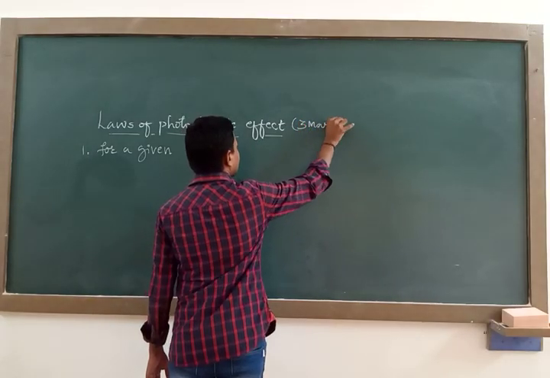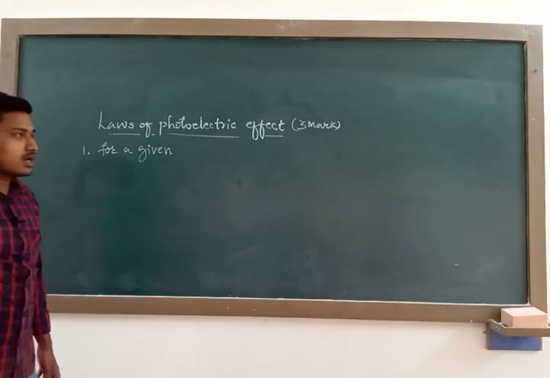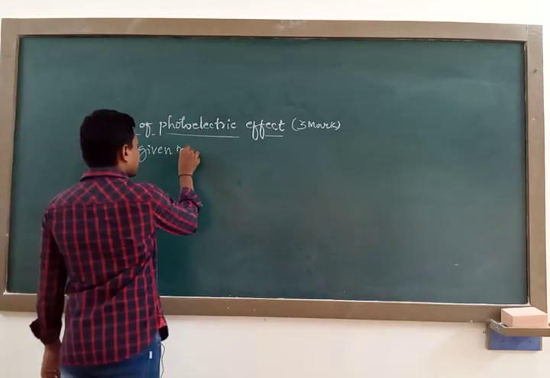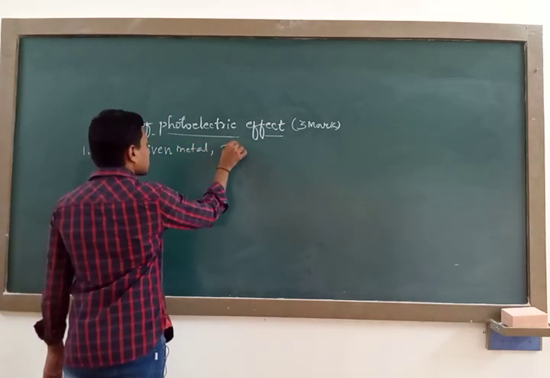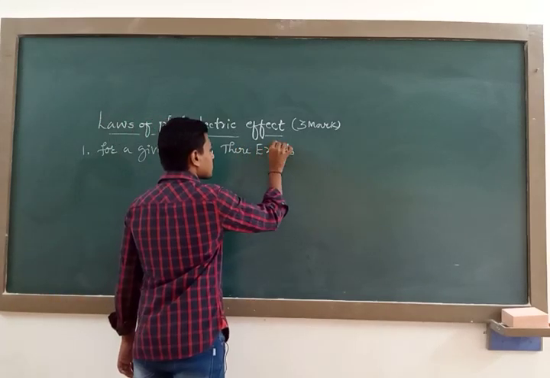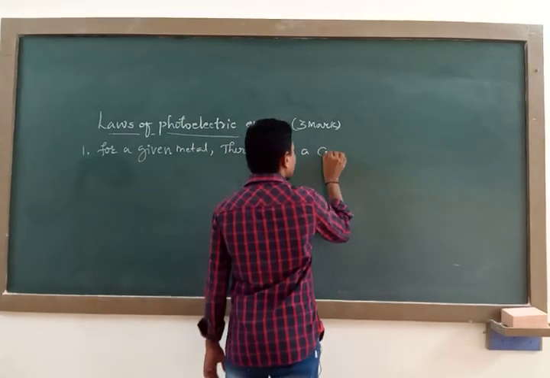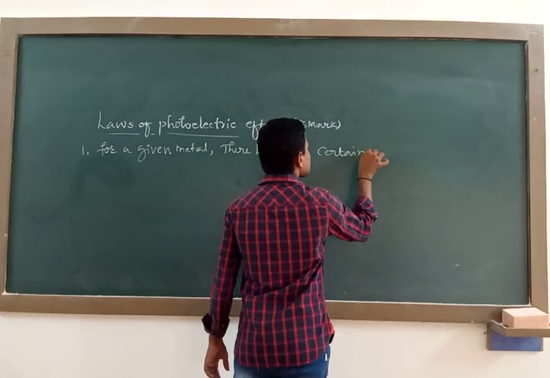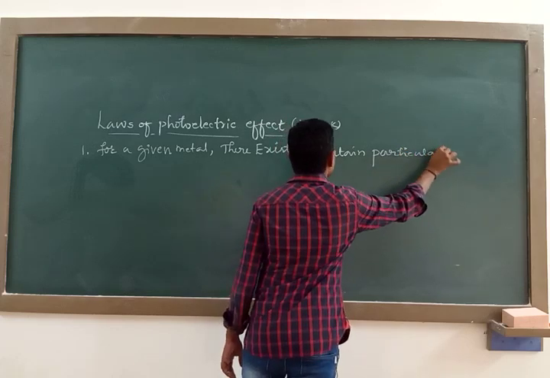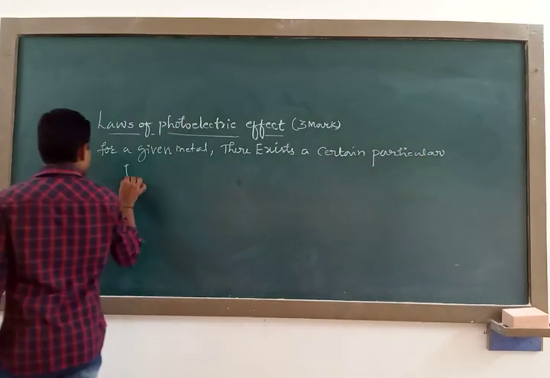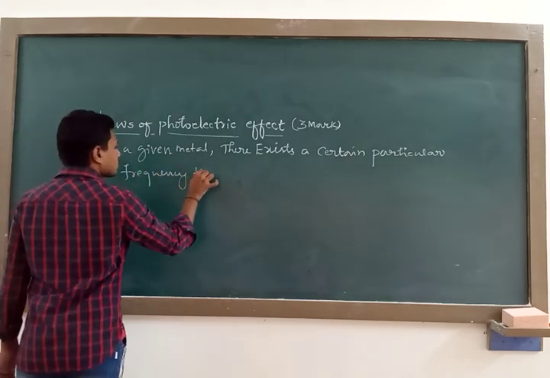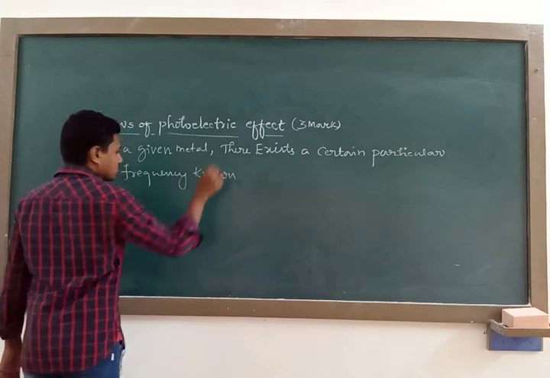So the first law: for a given metal, there exists a certain particular frequency, known as the threshold frequency.